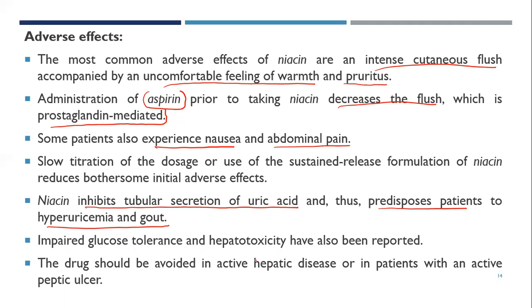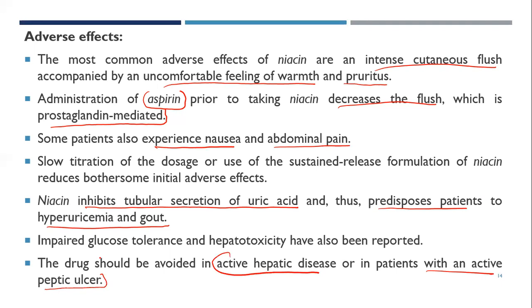The drug should be avoided in active hepatic disease or in patients with active peptic ulcer. Okay, so why do they have to be avoided in active hepatic disease? Because they act on the liver or they are metabolized in the liver.